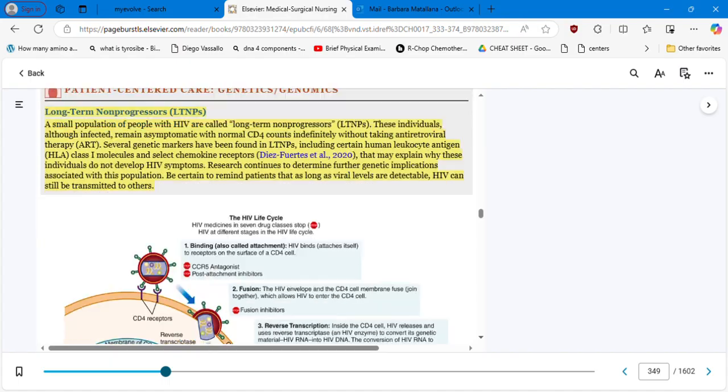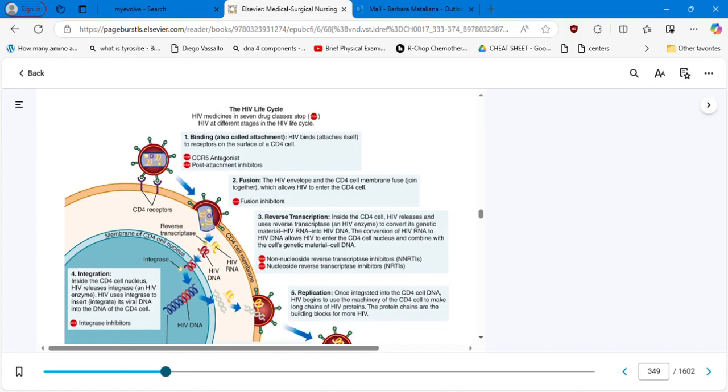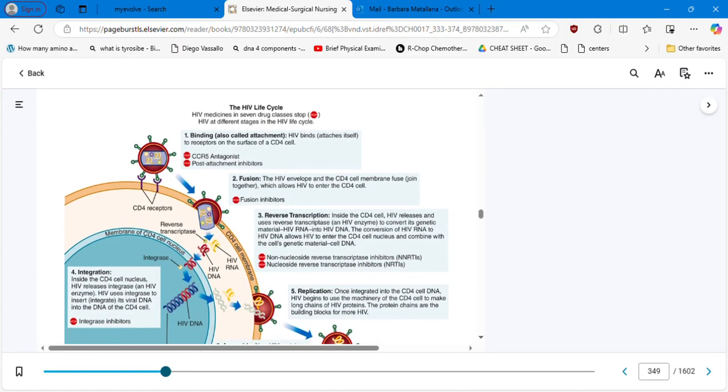And here, if I were you, I would take a picture of this graphic and make a special card to keep with me all the time, if you're going to work in an institution or any place where HIV is going to be treated. So you see, this is the HIV life cycle, medicines in 7 drug classes.